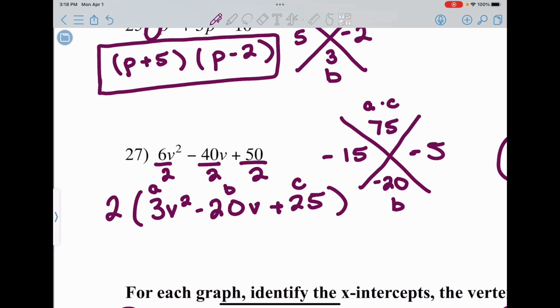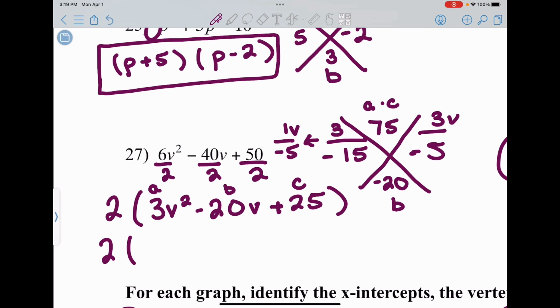And because this is the modified magic X, I need to put my a value on top. So I'm going to put 3 on top of both of my numbers and simplify if I can. So simplifying 3 and negative 15, I get 1 over negative 5. And 3 over negative 5 cannot be simplified. So the number on top tells me what goes next to v.